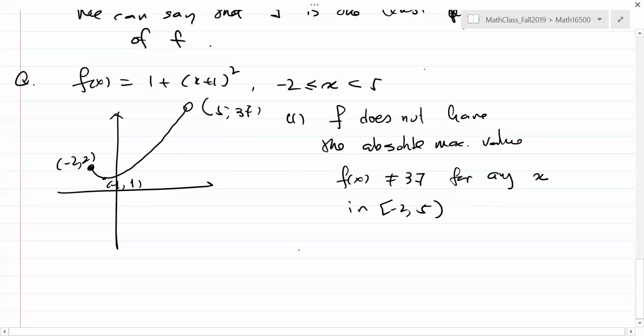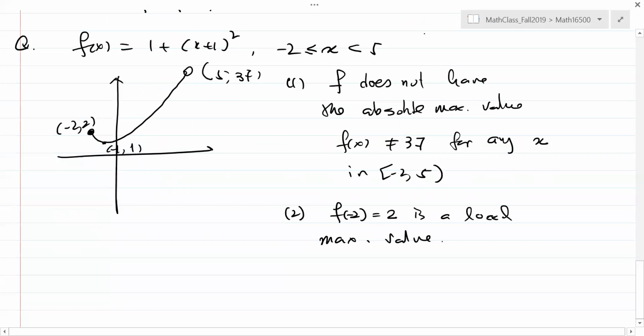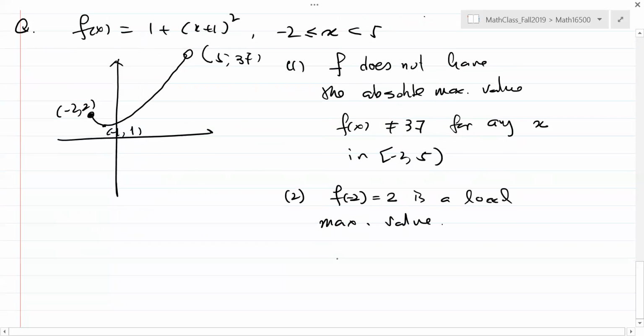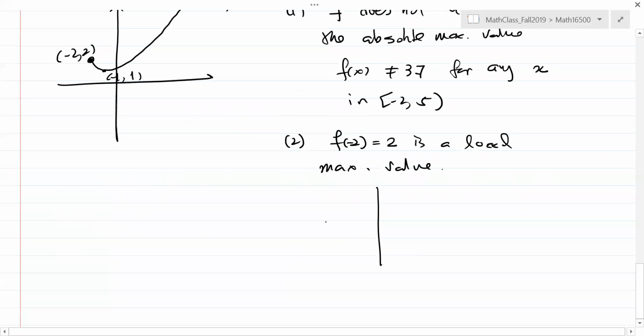Okay. Second, f of -2 equals 2 is a local maximum value. Why? Locally, it has a maximum value. It's very simple. We don't need to look at the whole picture, we just look at the local picture, right?